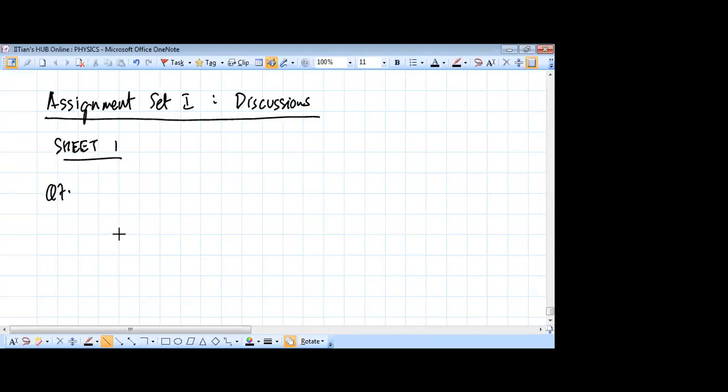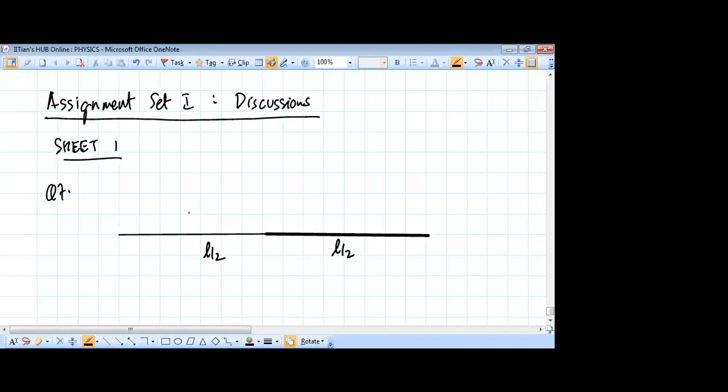So you have a string which consists of two symmetrical sections of length L by 2 and L by 2. So this length is L by 2, this length is L by 2.